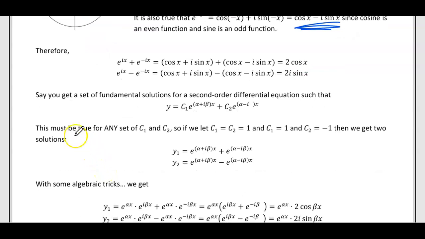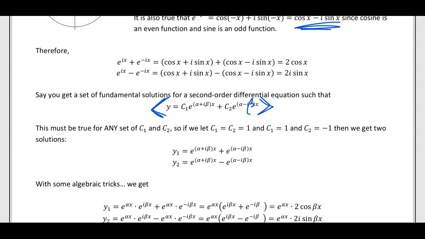So since this must be true for any set, if you do this linear combination, you do some figuring out here. This is where we are going to end up getting our solution. Okay, and there's a beta. I don't know why it didn't transfer over, but there's a beta right there, okay?